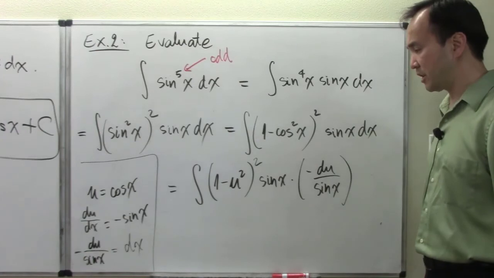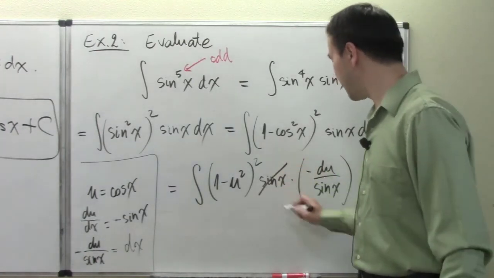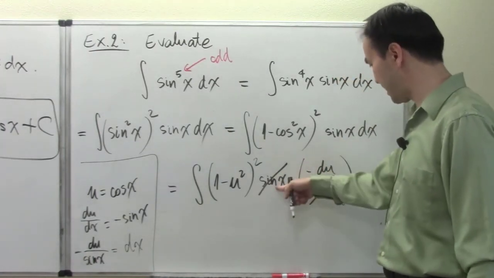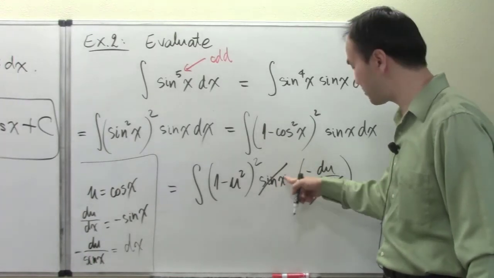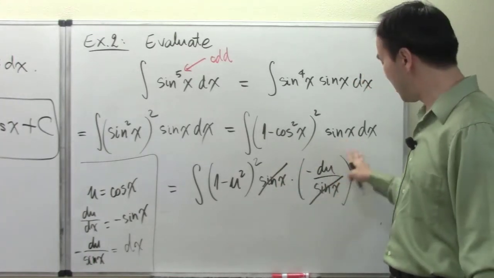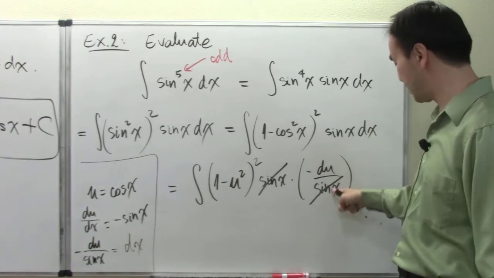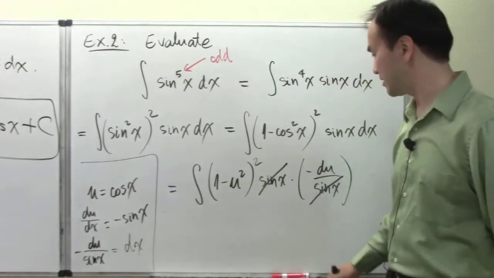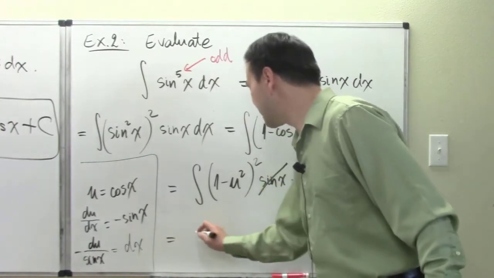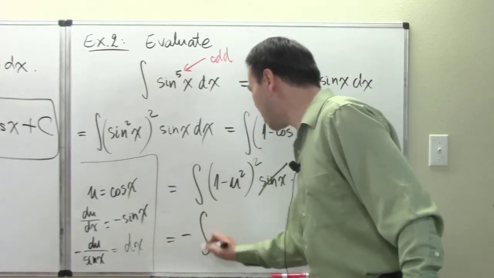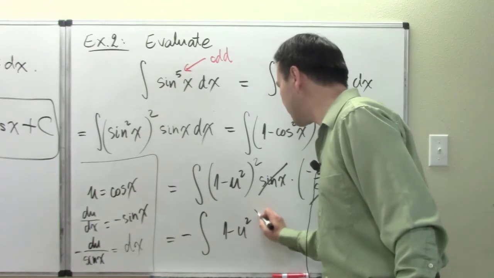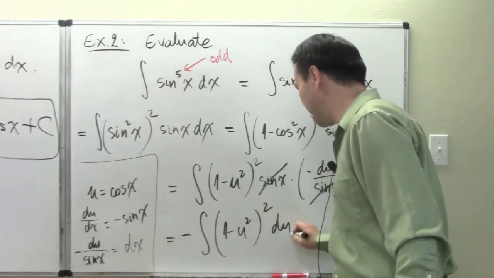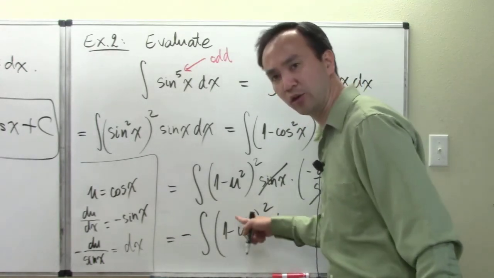And in that way, the sine cancels. By the way, I had that sine of x remain because we didn't substitute that, but now after the substitution for dx, that cancels nicely and the minus sign appears in front. So the problem turns out to be minus the integral of 1 minus u squared du. And now it's going to be an integral that's a lot simpler.